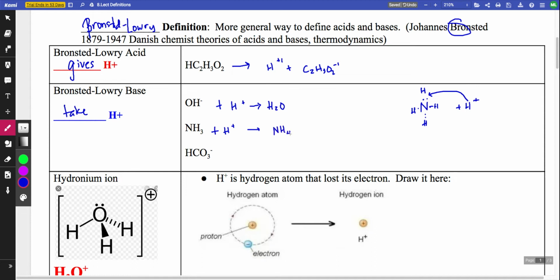Now it has 4 H's, and this used to have a neutral charge, and now it has a +1 charge because you're adding a proton to it. Okay, this one can also take an H plus, it's also a base, to make, now you have 2 H's, and CO3. As you can see, this is a negative, and that's a plus. Together, they become neutral.